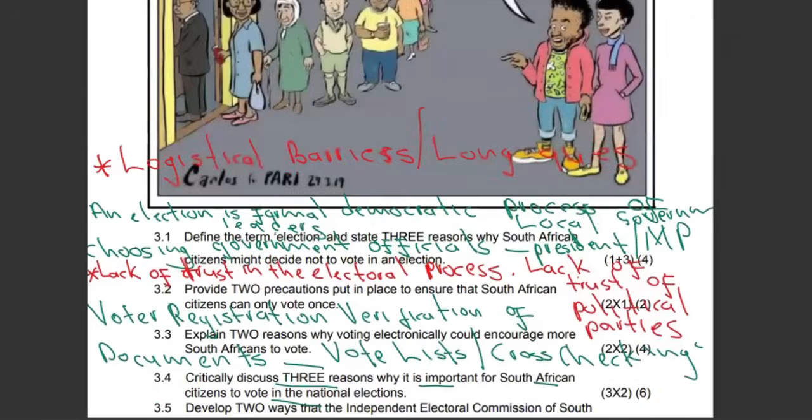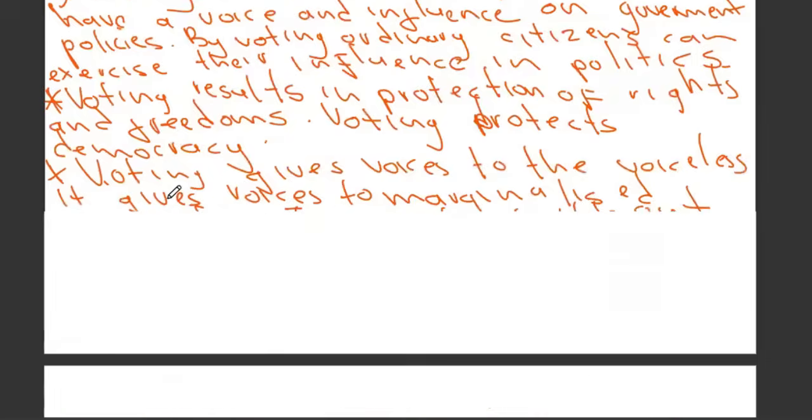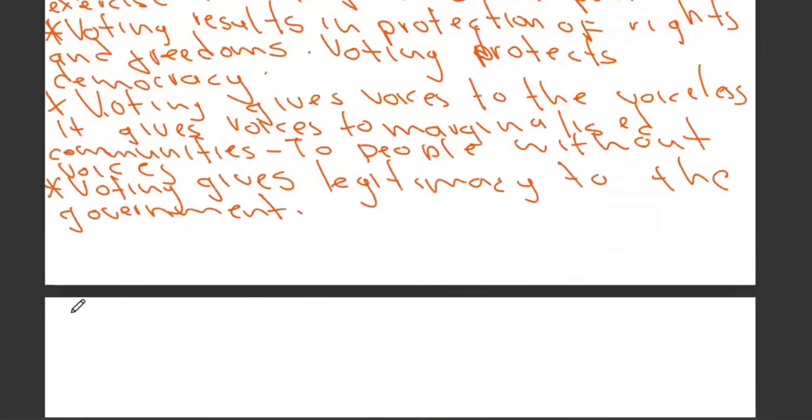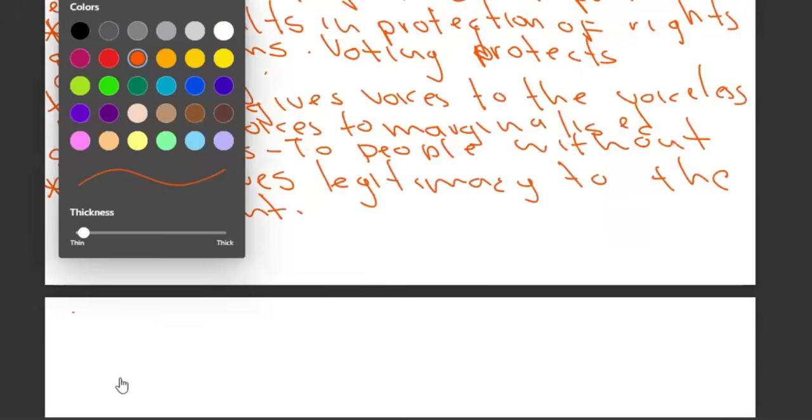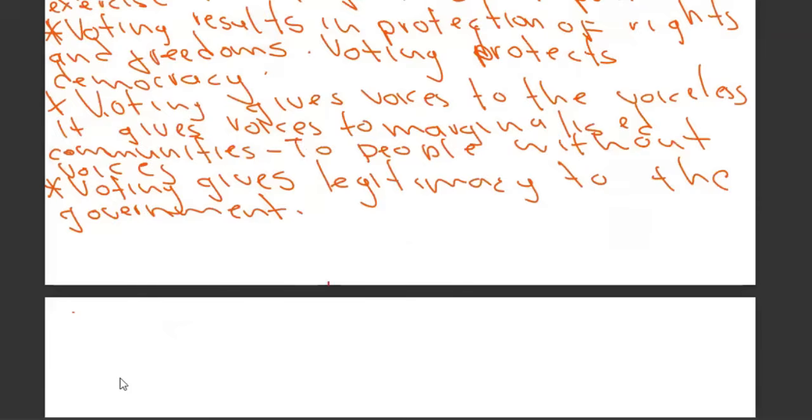For this one, I'll take you back to the whiteboard again, that is 3.5. I would outline it below. There are so many ways in which the electoral board can do that.